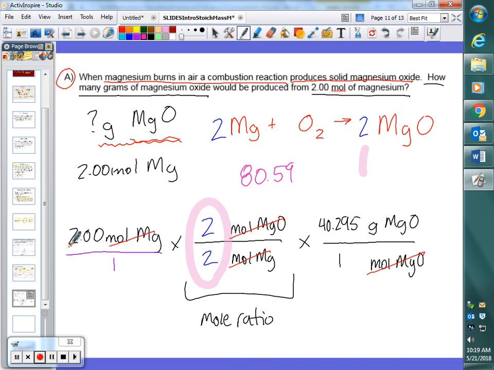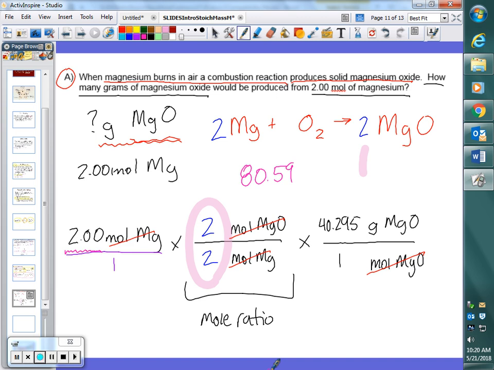So when I plug this into my calculator, I get 80.59, but looking back, and I didn't do this on Friday or on Tuesday because I was running out of time in my video and I kind of forgot about it. If we look at significant digits, there are 3 significant digits in the number that we started with. Mole ratios are just whole numbers, no significant digits we have to worry about there.